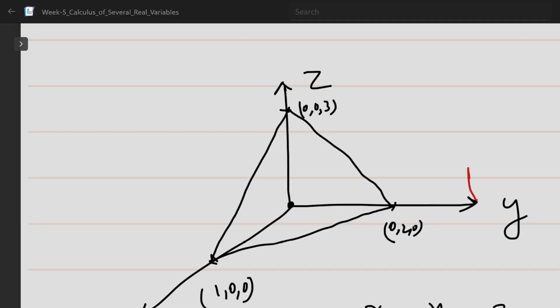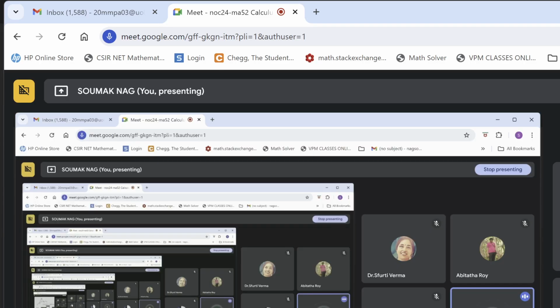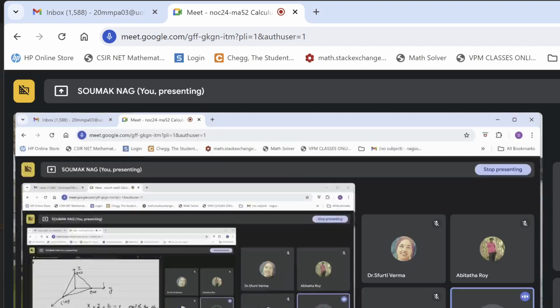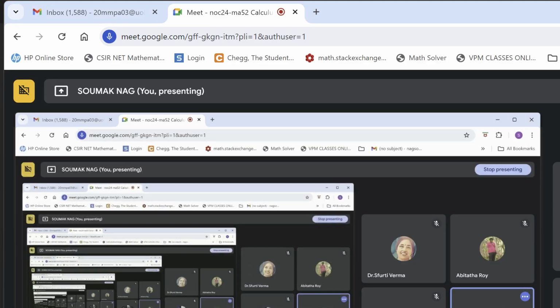Finding the limits of a multiple integral is the most important thing. Any idea? Otherwise, I will tell. Abhitato Roy. Hello?